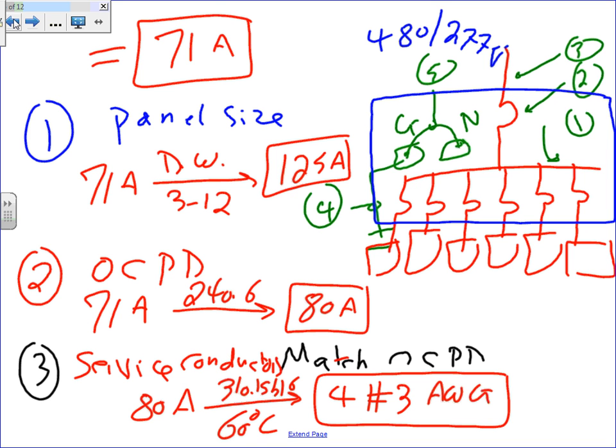3, 4 of them. 1 1/4. So you are 3 copper, 4 THW conduit, 1 1/4.